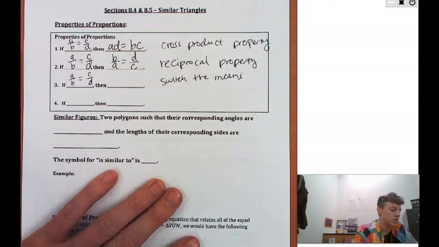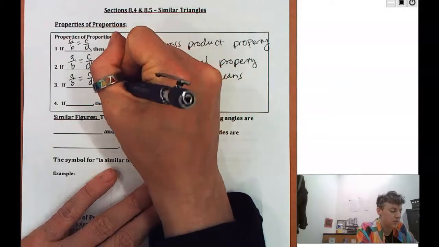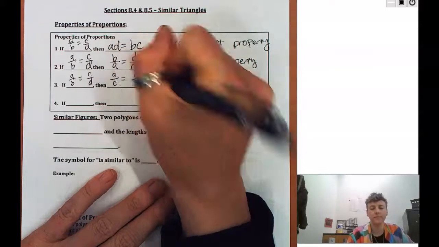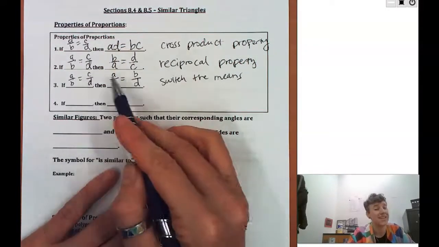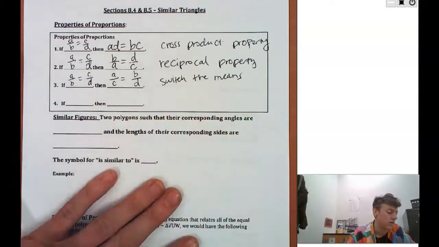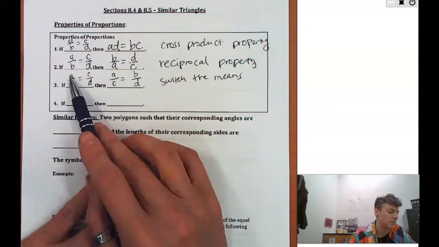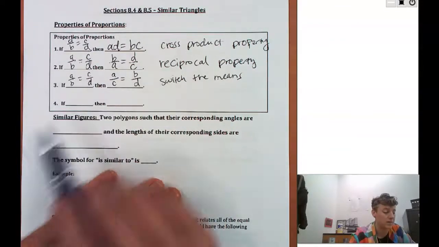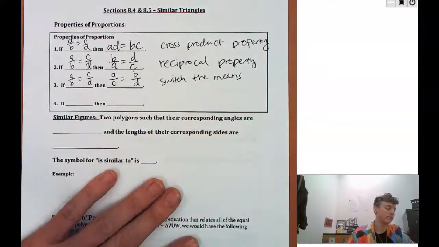We can switch those two. So A over C will equal B over D. We can switch those numbers, and the same thing is going to be true. Why is that? Well, because when we use our cross product property, A times D equals B times C. That's the same thing we're going to get. We do A times D equals C times B. It's the same thing. Cool.